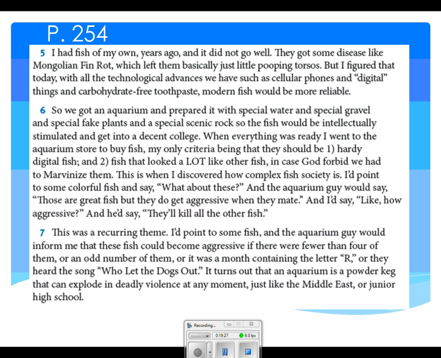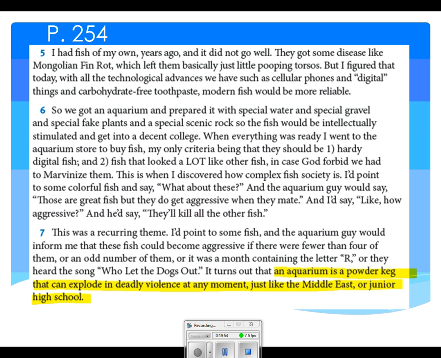All right, I want you to make the following mark in 3, 2, 1. So an aquarium is being compared to a powder keg. The Middle East, Iran, Iraq, Afghanistan, is being compared to a middle school.